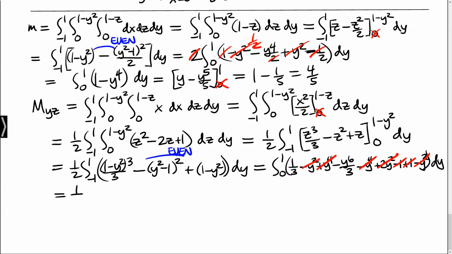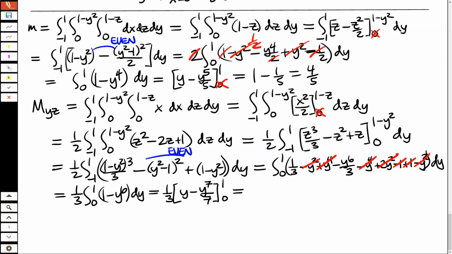Right, so 1/3 times the integral from 0 to 1 of 1 minus y to the sixth. So it's going to be 1/3 of y minus y to the seventh over 7, from 0 to 1.